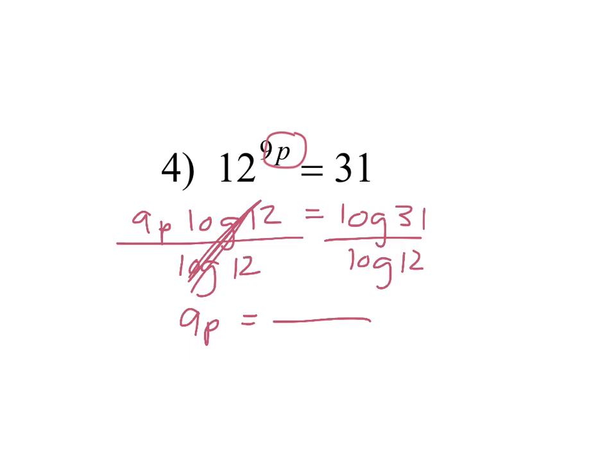So the log of 12 is 1.07918, and then the log of 31 is 1.49136. And now I just divide these two.